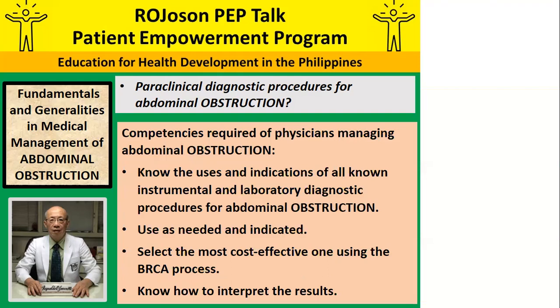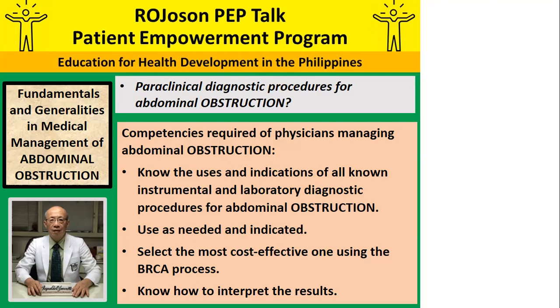The competencies required by physicians managing abdominal obstruction. So they must know the uses and indications of all known instrumental and laboratory diagnostic procedures for abdominal obstructions. Marami yan, okay? And then they must know how to use them as needed and as indicated. And they should be guided by the BRCA process: benefit, risk, cost, availability, comparative data of the different options, and then try to choose the most cost-effective one.